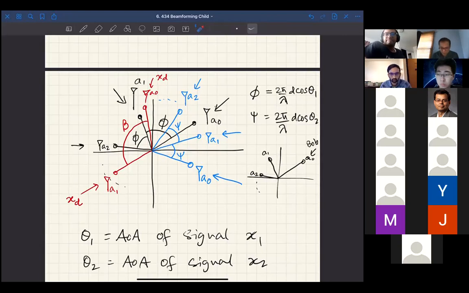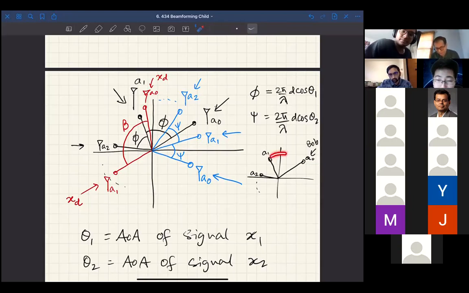By delay sum beamforming, what you're doing is you're saying, whatever phase shifts these antennas saw, I'm going to compensate for those phase shifts. So for antenna A0, I'm going to give it a phase shift of 0. That means it stays there. For antenna A1, I'm going to give it a phase shift of negative phi.